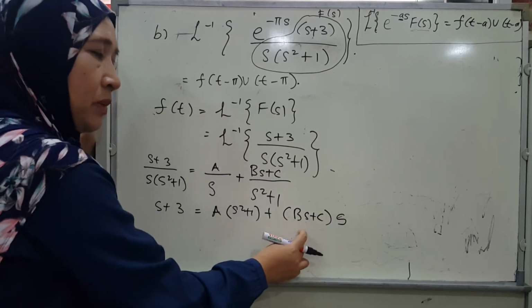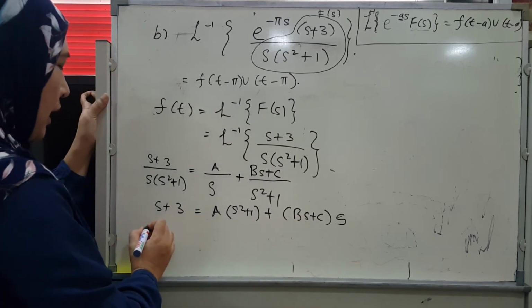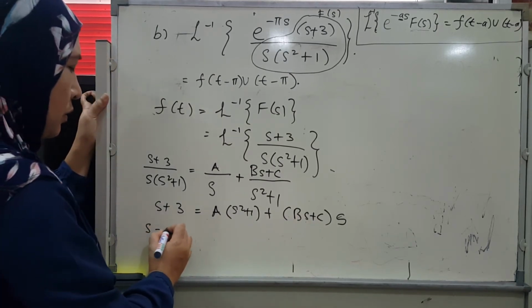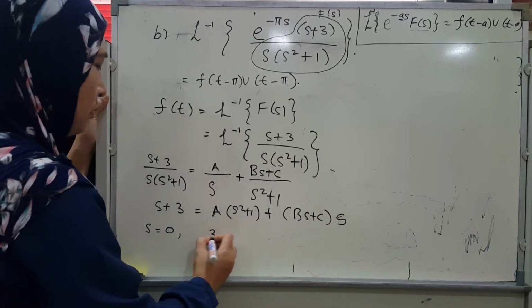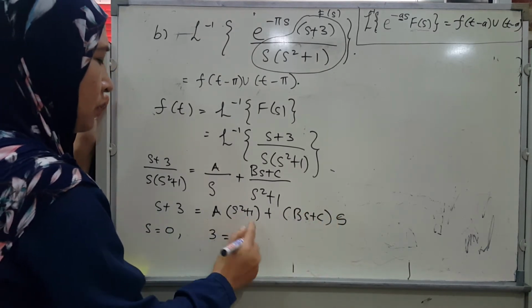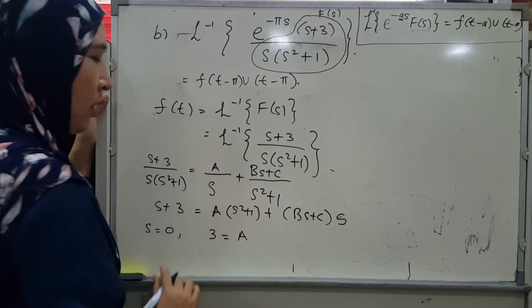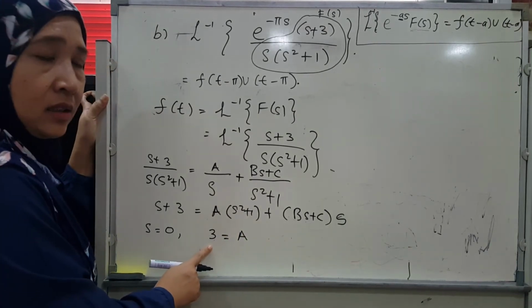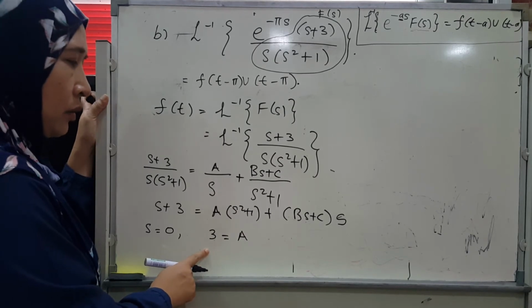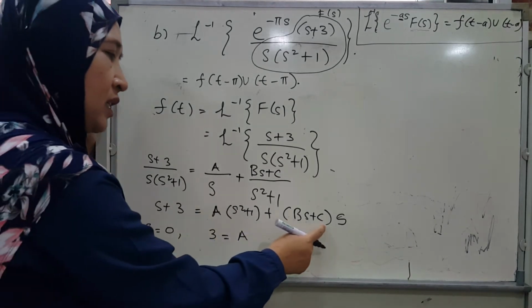So B and C are eliminated. Substitute s equals 0 into all the functions, so it becomes 3. So A equals 3. We straight away get the answer, right?